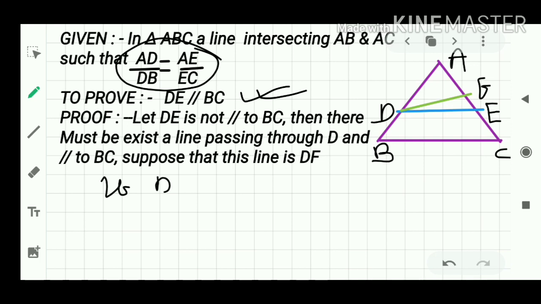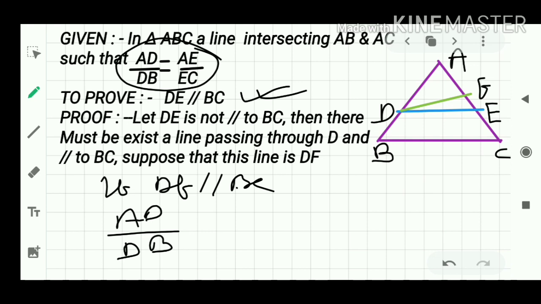If DF is parallel to BC, then by the Thales theorem we can write AD by DB equal to AF by FC. Equation 1.